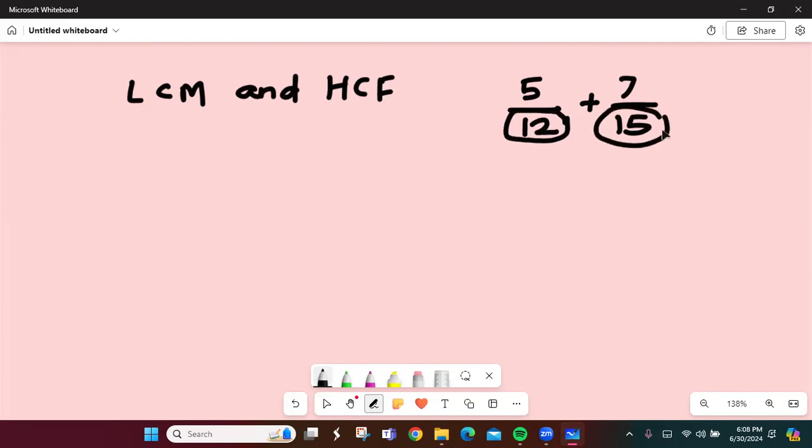Similarly, in many of the problems, you have to find out the HCF of two numbers without using a calculator. So here, there is a very easy tactic to find out the LCM and HCF.